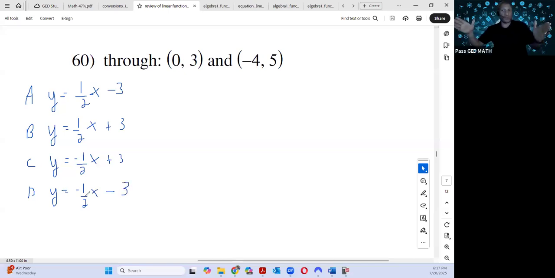So I gave you multiple choice. This type of question might be on an exam. Given these 2 points, what is the equation of the line given A, B, C, D? Can anybody tell me what 2 multiple choices we can get rid of right away?